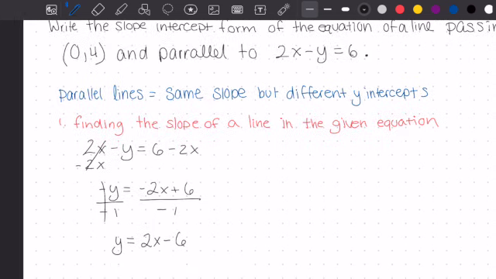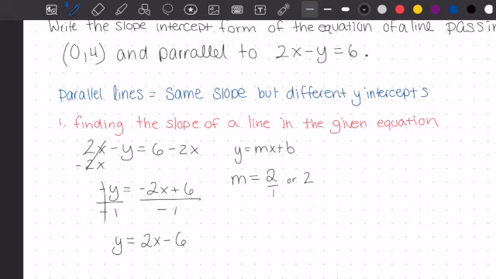Okay. What's the slope of this line? What's my m? So if I had it like this, what number lines up with m? 2, yes. So my m, or my slope, is equal to 2 or 2 over 1. Doesn't matter which way you write it to me.